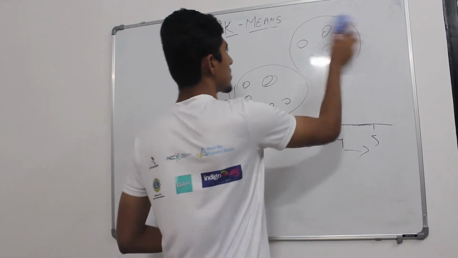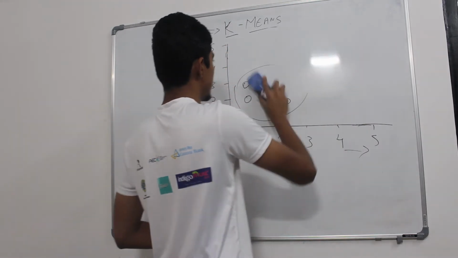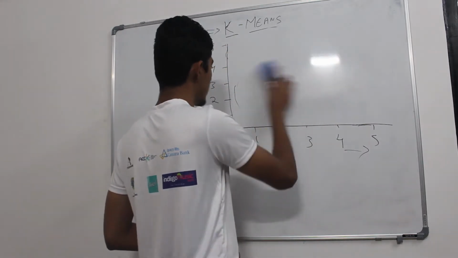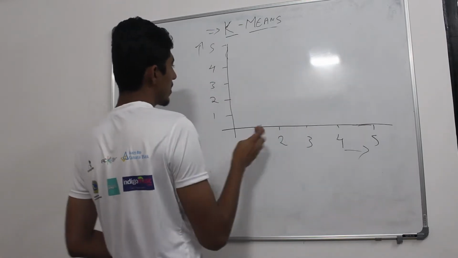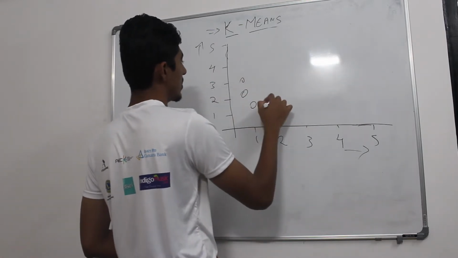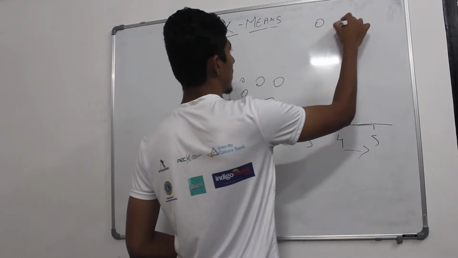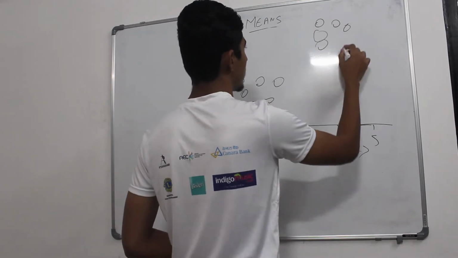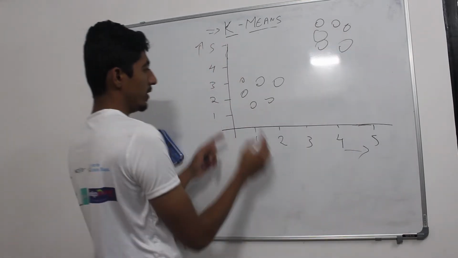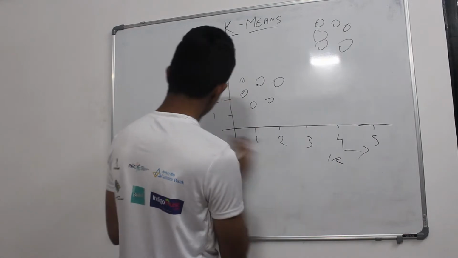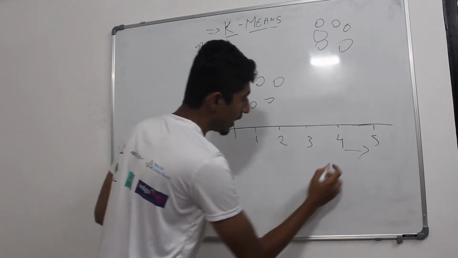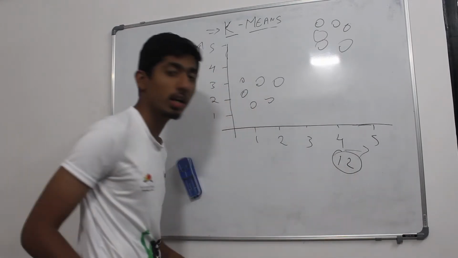Okay, let me just take the circles out. Let me say 1, 2, 3, 4, 5, 6, 7, 8, 9, 10, 11, 12. So as of now I have 12 data points.